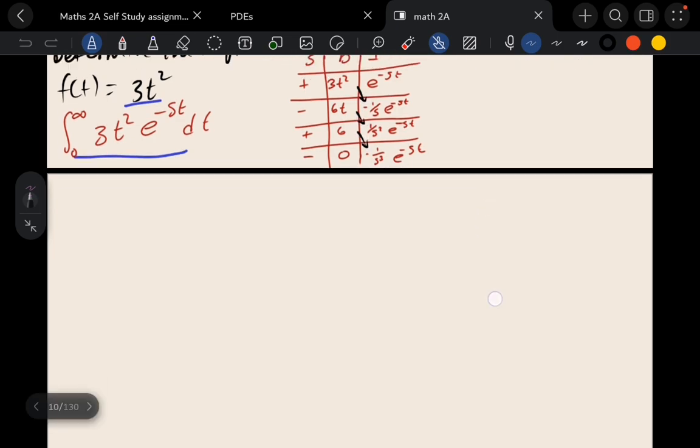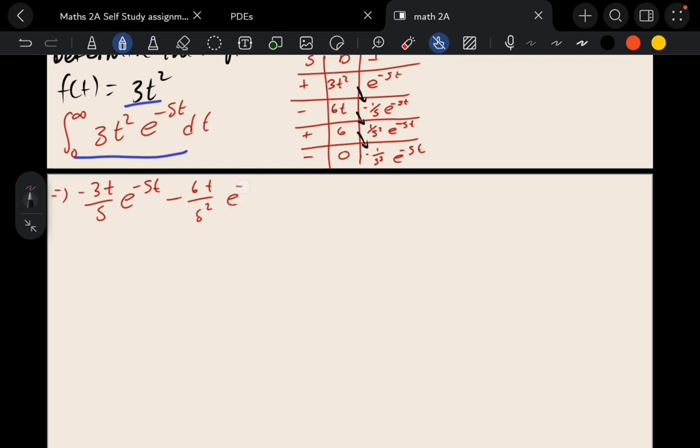So it's going to be negative 3t squared over s e to the power negative st, minus 6t over s squared e to the power negative st, minus 6 over s cubed e to the power negative st between 0 and infinity.